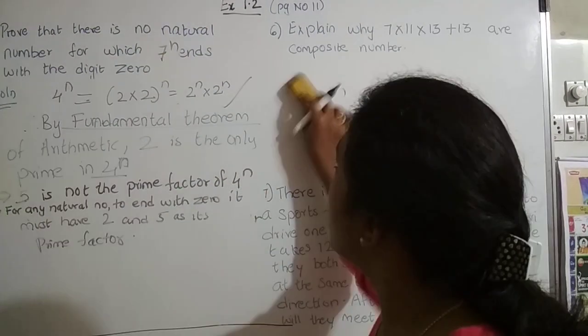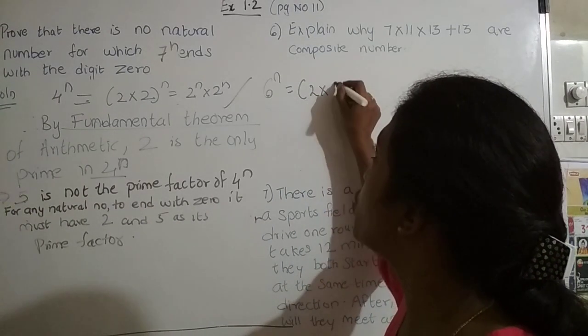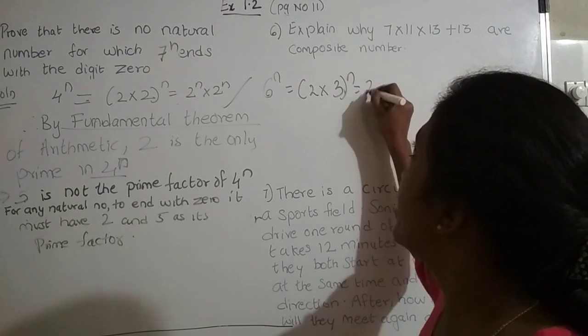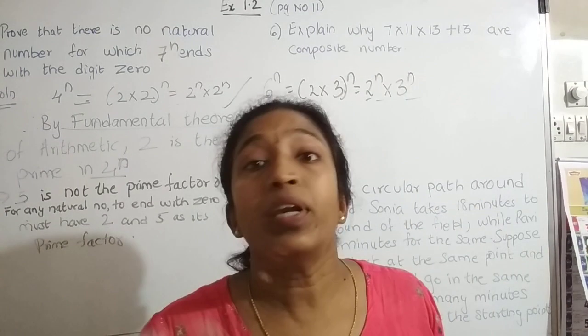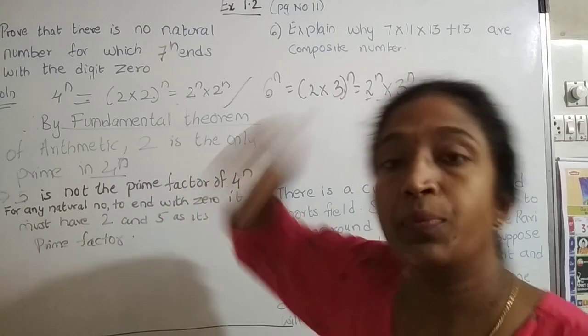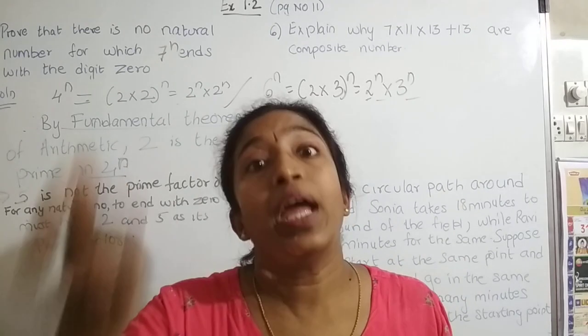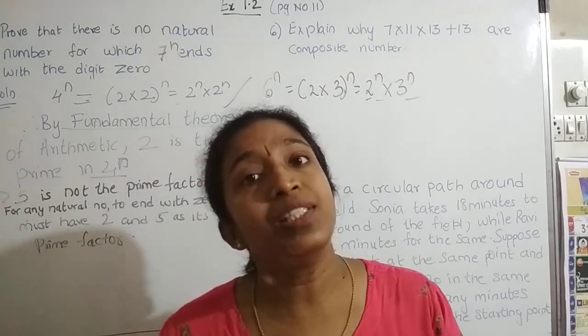In the textbook they have given 6 raised to n. So 6 can be written as 2 into 3 raised to n, that is 2 raised to n into 3 raised to n. So it has 2, and what is missing is 5.